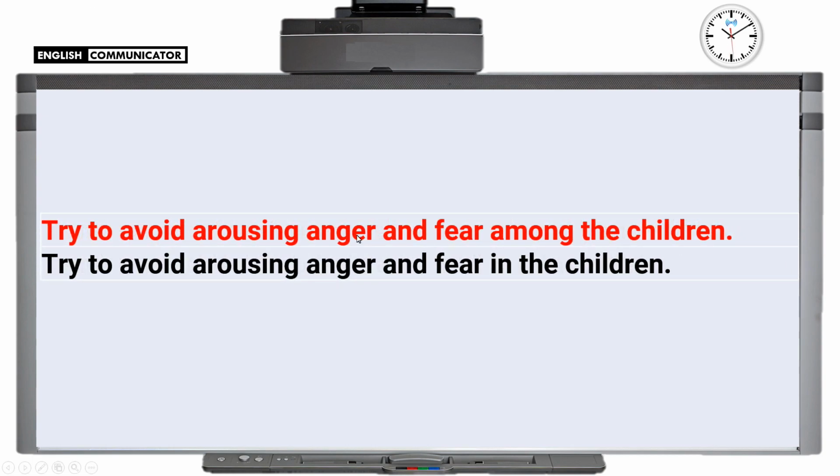Try to avoid arousing anger and fear among the children. Wrong. Try to avoid arousing anger and fear in the children. You can't say among the children, you have to say in the children. So you say, for example, a chocolate is not good, so you have to say, I am arousing anger or fear in the children, not among the children, in the children.